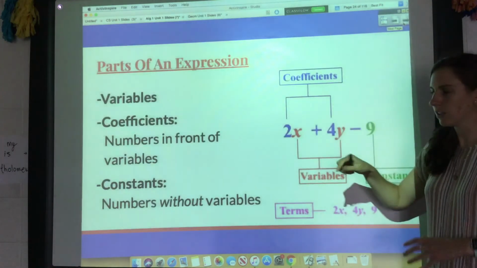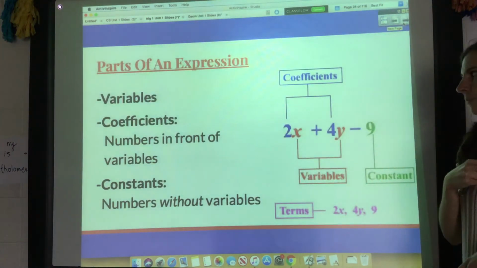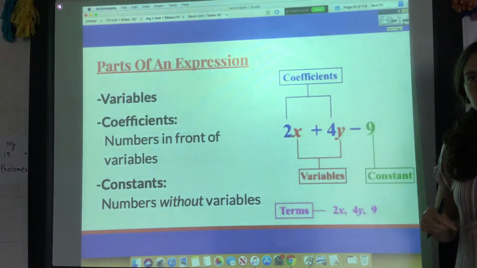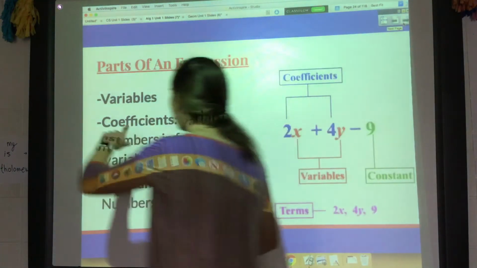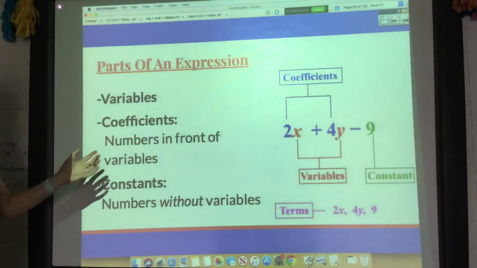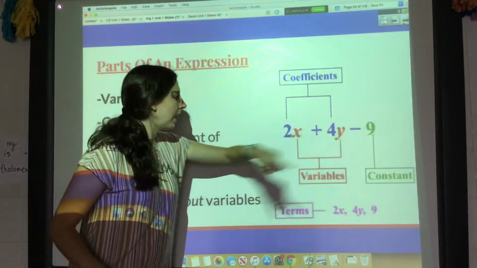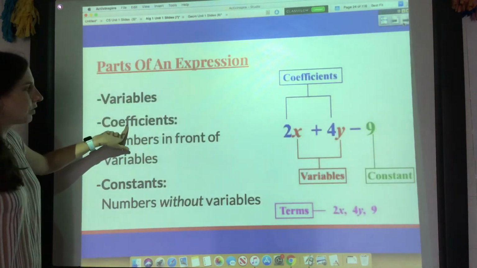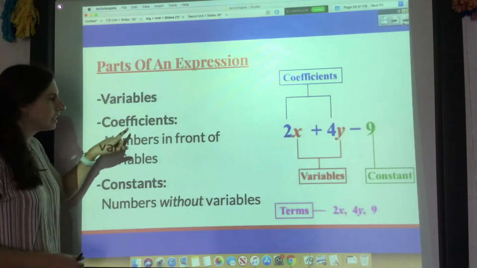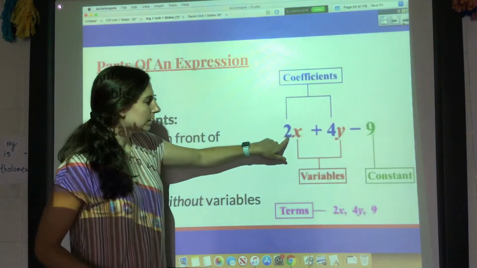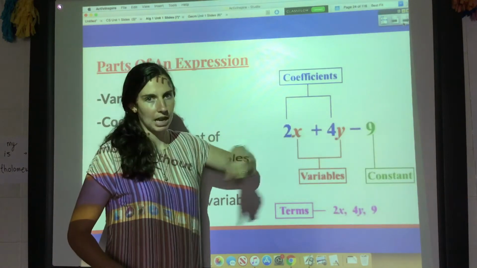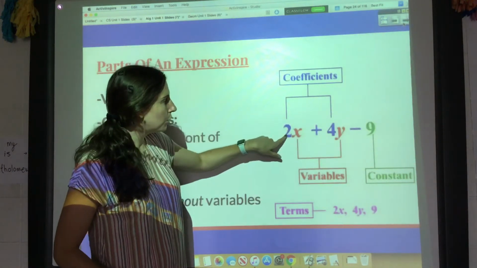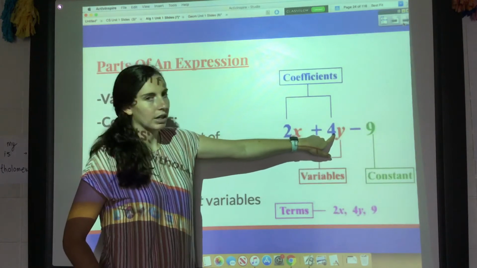Okay, so let's look at some parts of an expression. This is vocab that you're probably familiar with, but we need to review a bit. So you've got variables, and those are just all your letters, things like x and y. You've got coefficients, and these mean any number that's written directly in front of a variable, being multiplied by the variable. So 2 is a coefficient and 4 is a coefficient.